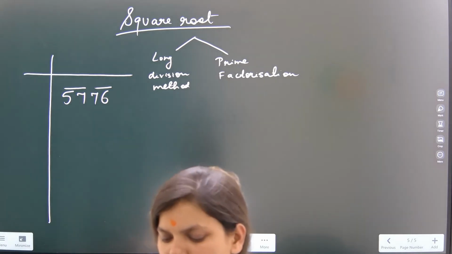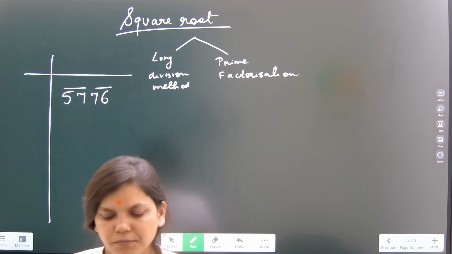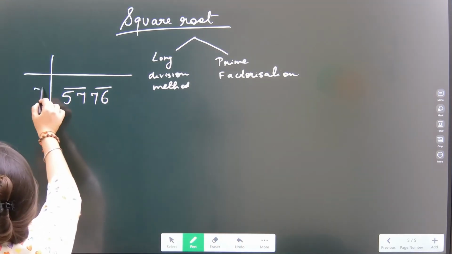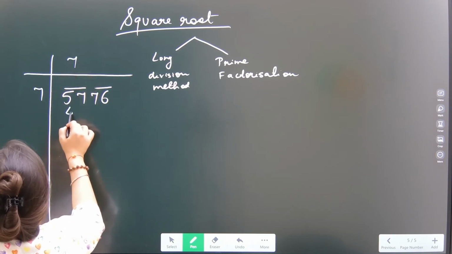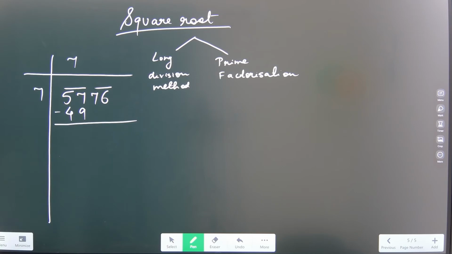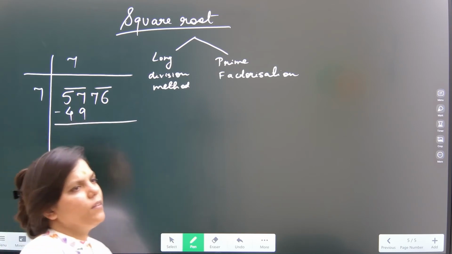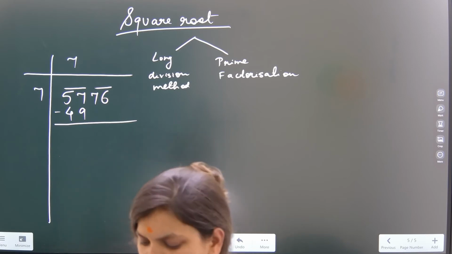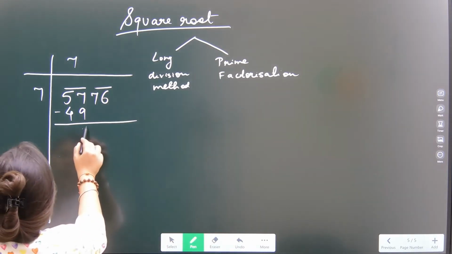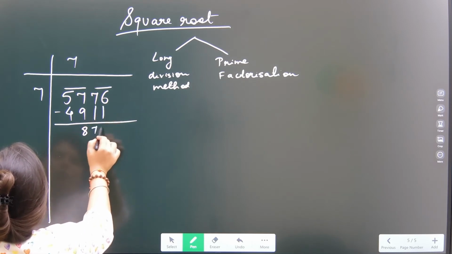Below 57 it is 7 sevens are 49. Understood? Subtracting 49 from 57, what will I get? 8. Then these two numbers will be taken down.